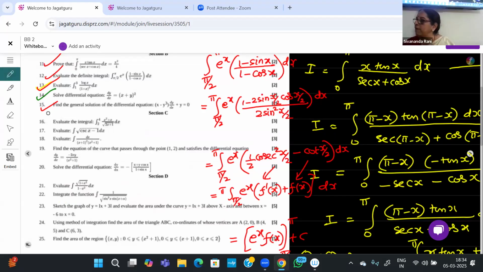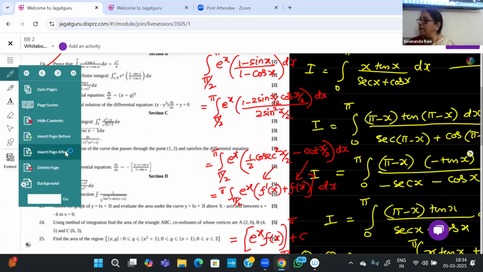Three marks. Evaluate the integral from 2 to 4 of x square plus x by root of 2x plus 1.